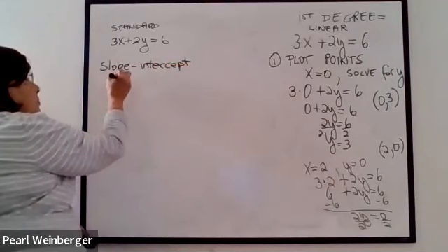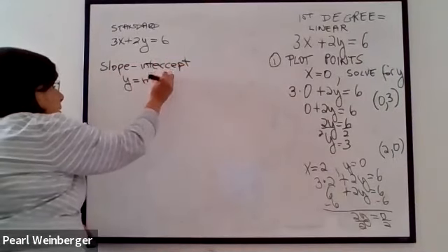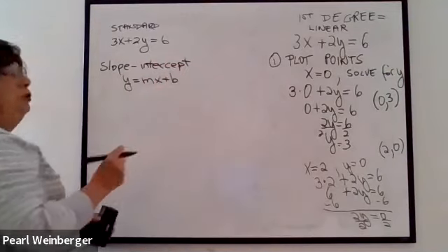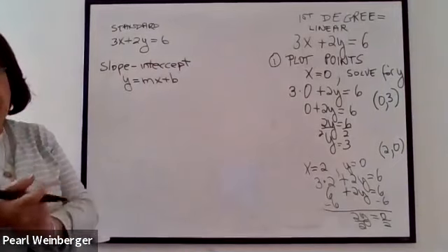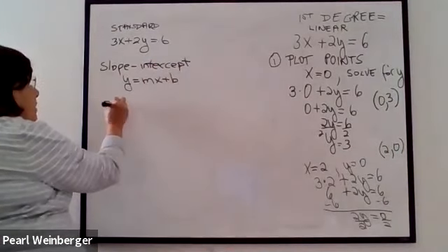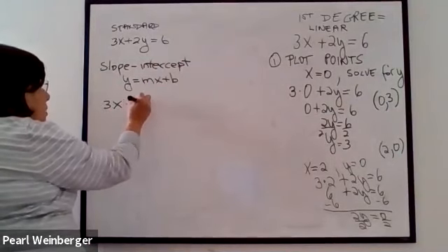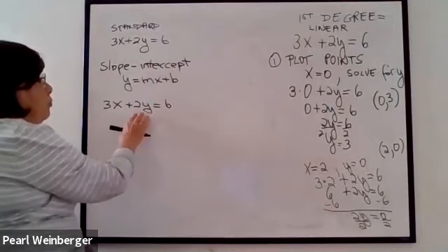You might have heard it called the y equals mx plus b form of the line. Let me show you what that means and how we can use it. We take this original equation, 3x plus 2y equaling 6, and solve for y.